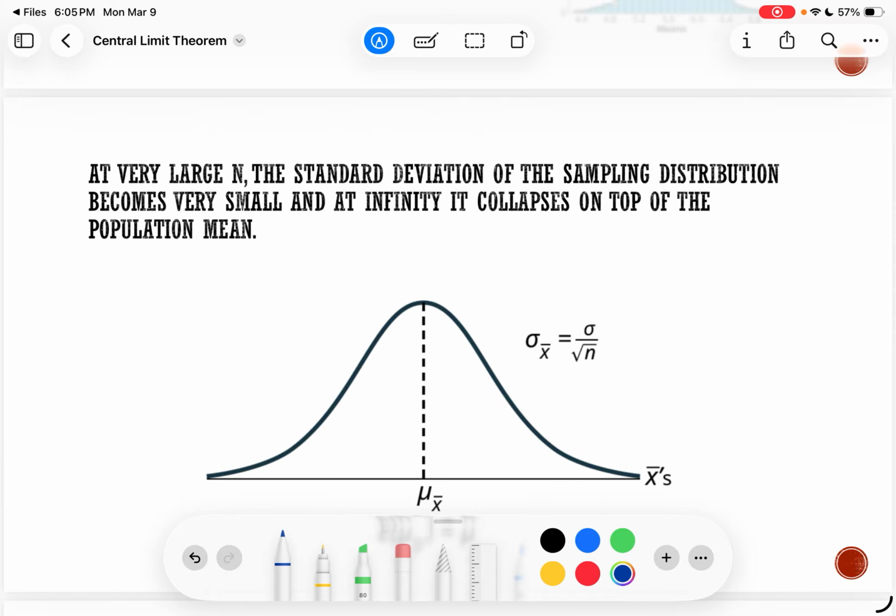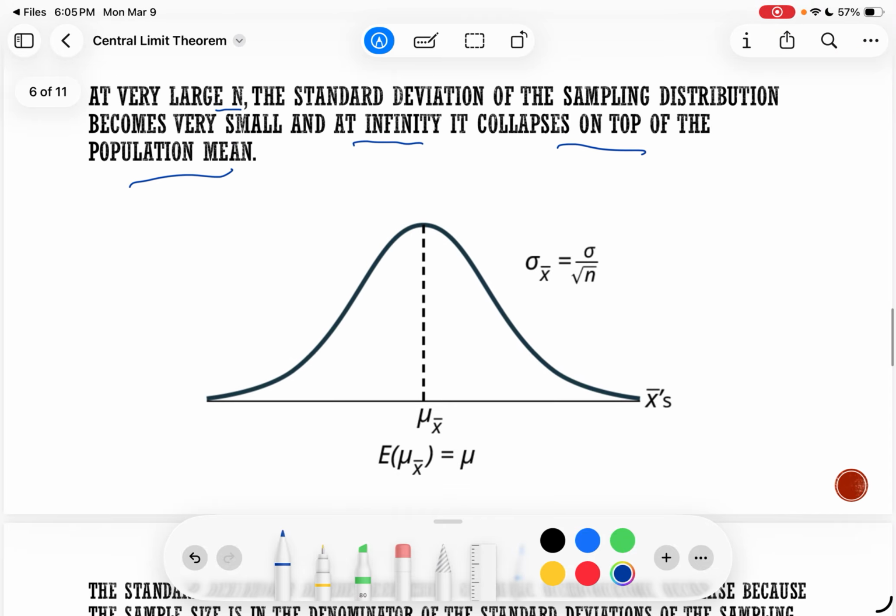At a very large sample size, the standard deviation of the sampling distribution becomes very small, and at infinity, it collapses on top of the population mean. That just means the sample mean and the population mean will be the same when you have a large sample size.